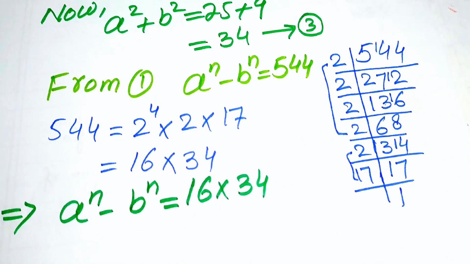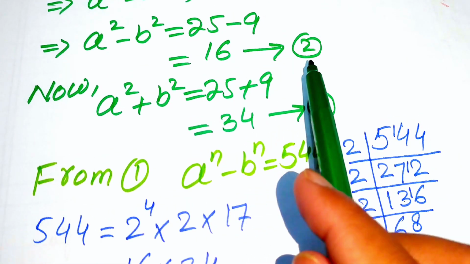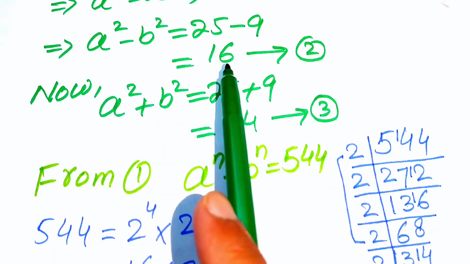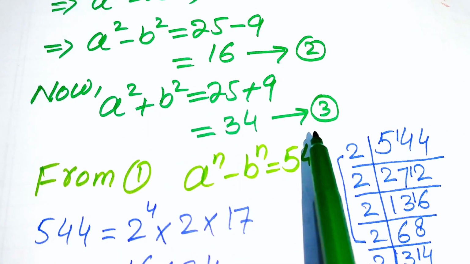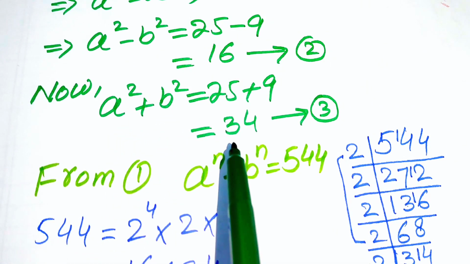After that, we focus on equation number 2 and equation number 3. In equation number 2, a square minus b square equals 16, and in equation number 3, a square plus b square equals 34.